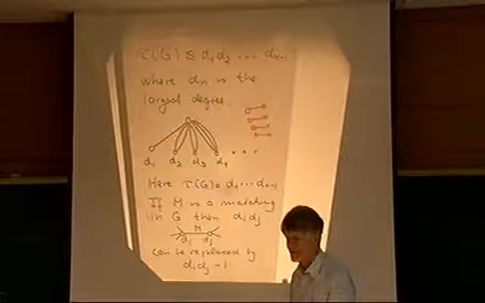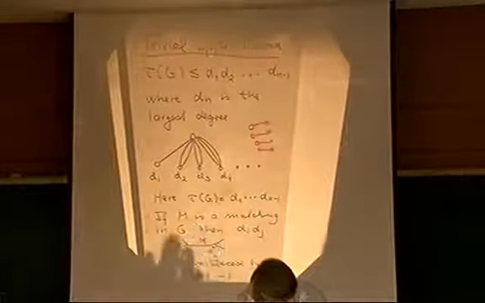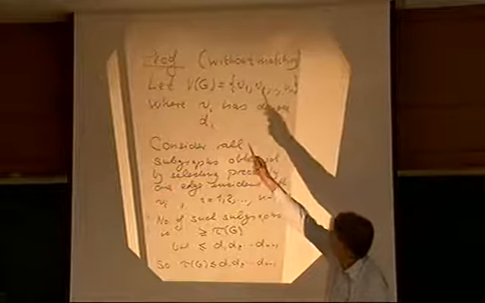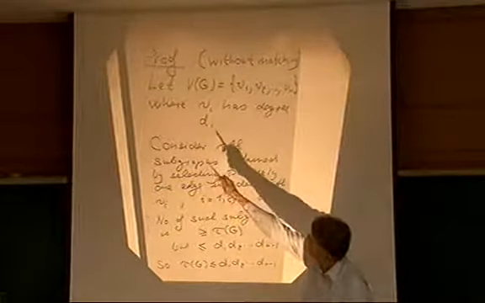Let me give you a proof of this, because that can be proved very quickly. Not the matching part, that needs a little longer argument, but the proof without the matching part, that's very easy. Let us say that the vertices are numbered v1, v2 up to vn, and let's say that the vertex vi has valency or degree di.